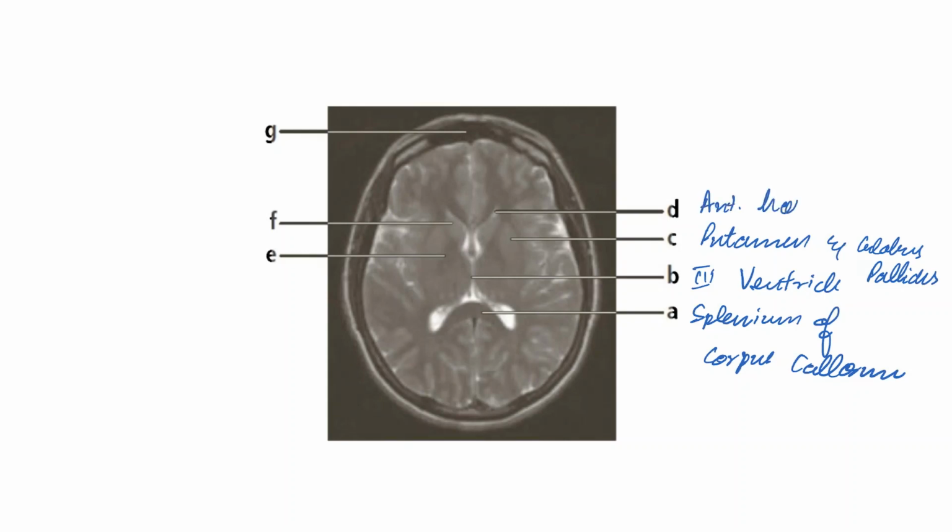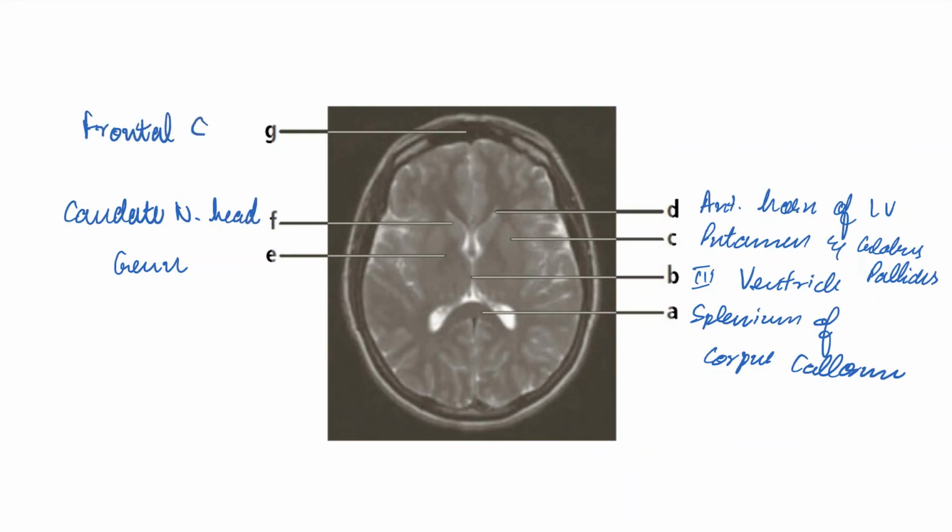D is anterior horn of lateral ventricle. E is genu of internal capsule. F is head of caudate nucleus. And G is frontal sinus.